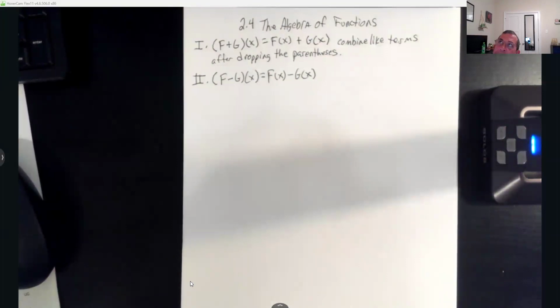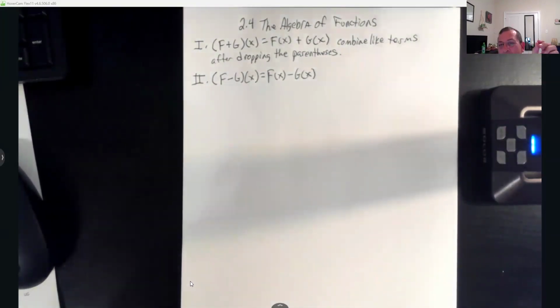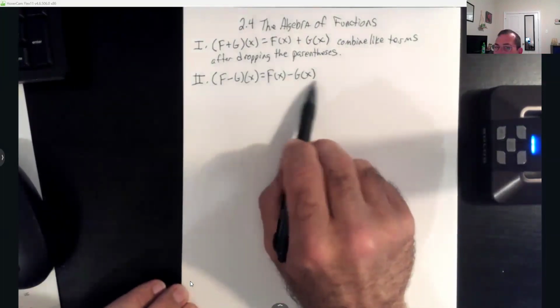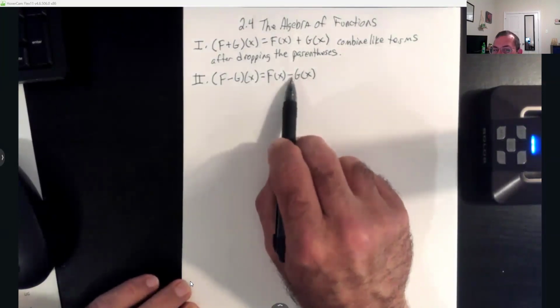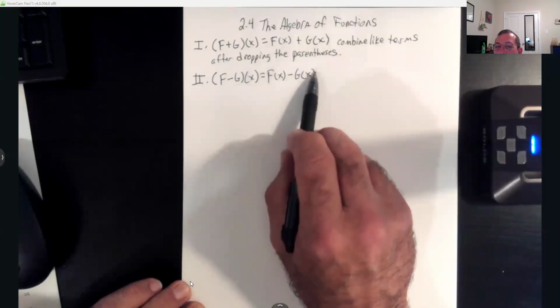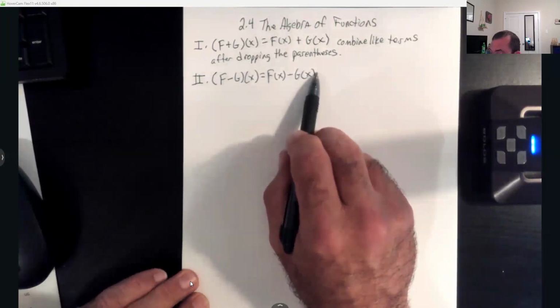Now, if y'all remember, in our support, we had to do some distributions of those negatives when we were playing with them problems. So these functions are going to be in parentheses. So if they're following subtraction, you're going to have to distribute the subtraction through everything in the parentheses that follow it, okay?